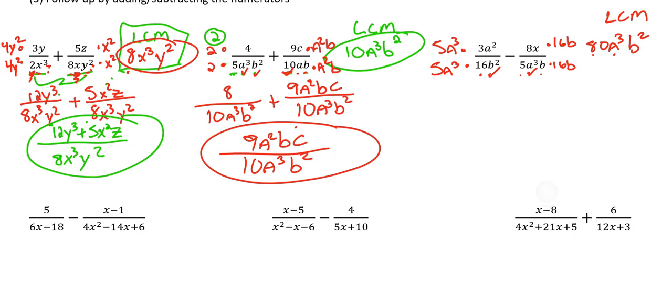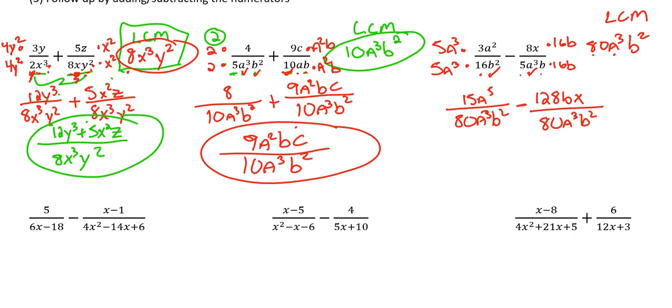So my answers are going to be 15a to the 5th over 80 a cubed b squared, minus 8 times 16, I'll get my calculator. 8 times 16 is 128, so 128 bx over 80 a cubed b squared.